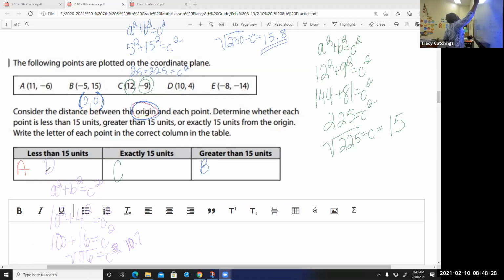I'm looking at E. What will be our A and our B for our X and our Y?